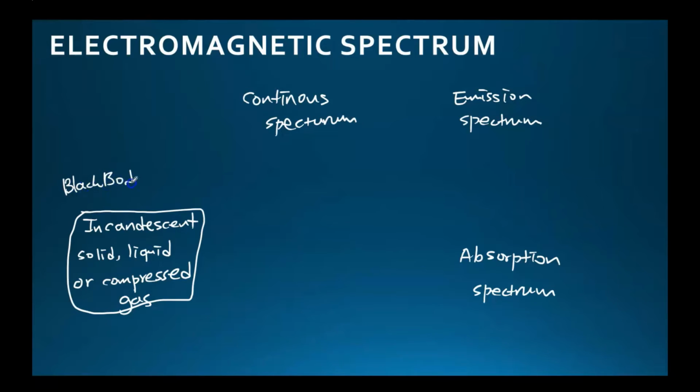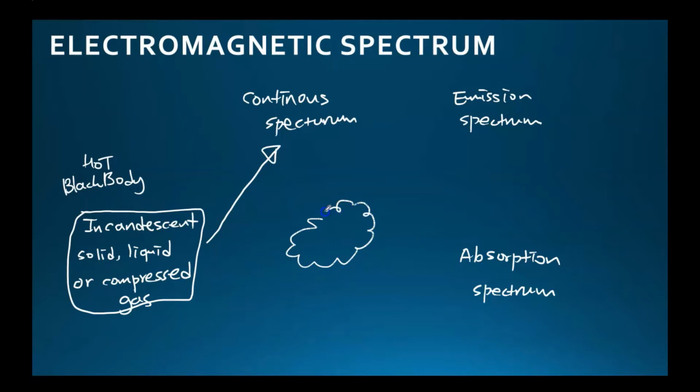And then they are hot, okay, a hot black body. So when we create the spectrum directly from this hot black body, we create a continuous spectrum.